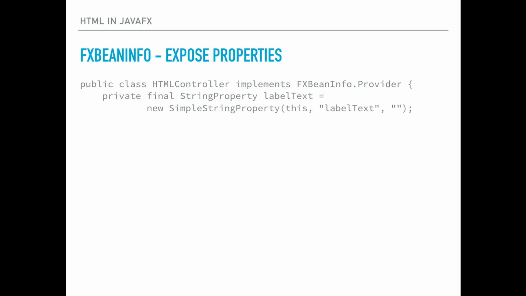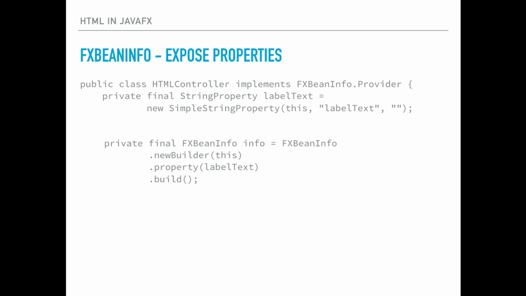And then you define your regular JavaFX properties, like the string property here, which has a name, which has a bean, and which has a value. And we have this convenient builder here that allows you to build FxBeanInfo: new builder, property, label text, build. Now you have your BeanInfo, and you can return it from the method. That's how you implement it. So it's very simple. So this is for regular properties, a string you want to bind to.